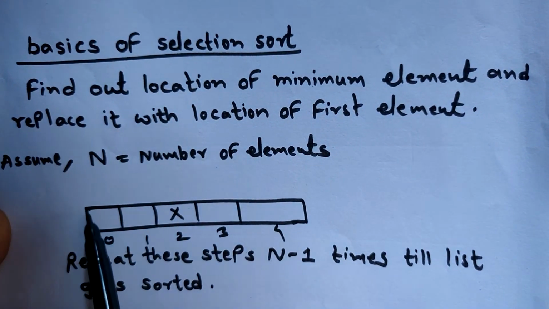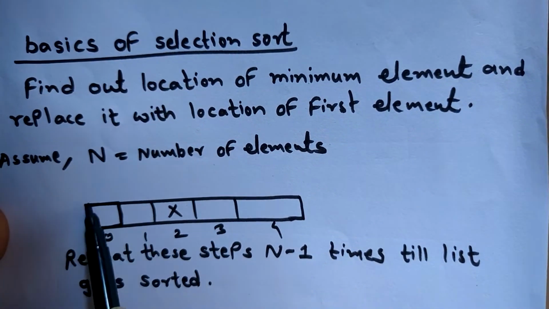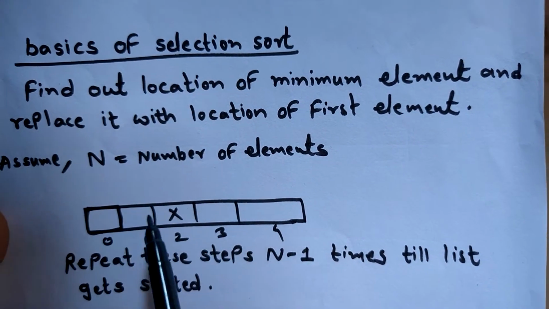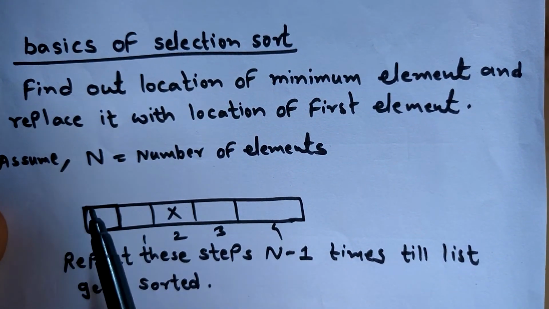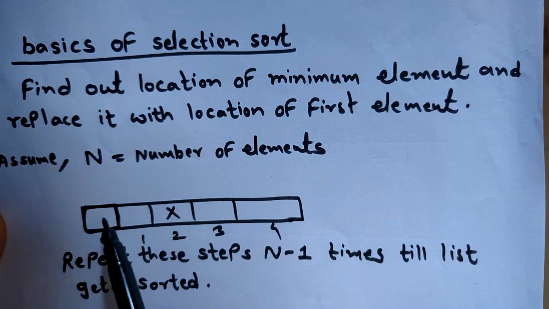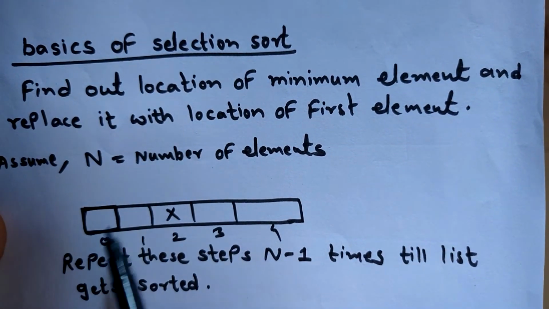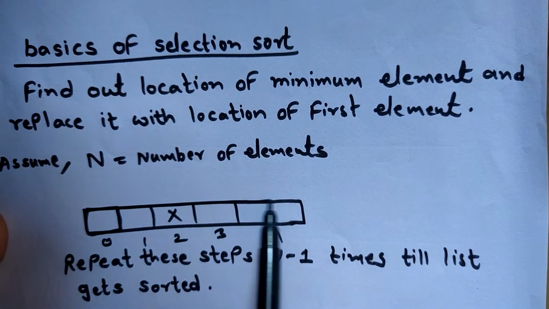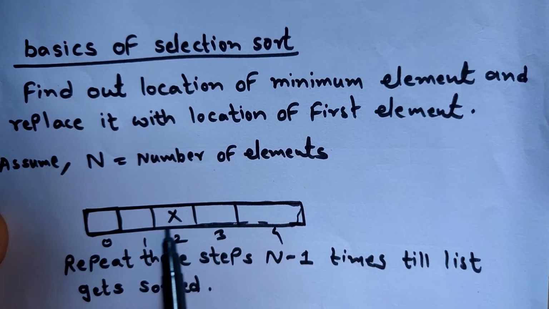After this phase, this position will get fixed. And if this position is fixed, there is no point to process this particular position in the next iteration. So we have to process only this much in the next iteration.